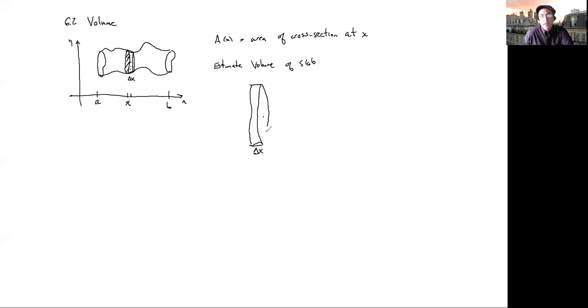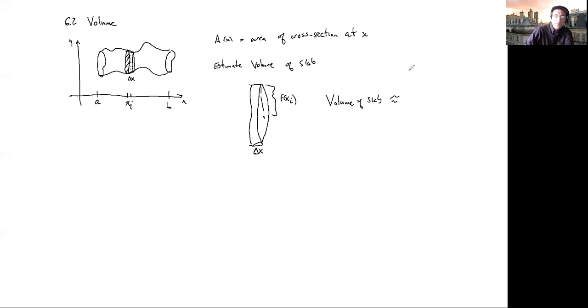And if we pretend it's a cylinder, then you have a radius whose height is, if this point is called xi, let's say, because it's some test point. So the radius is f of xi, and the thickness is delta x. And the volume of such a slab is approximately the volume of a standard cylinder. So the volume of the slab is approximately equal to, well, it's the area of the cross section.